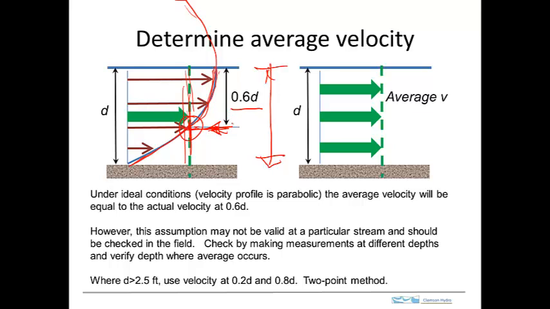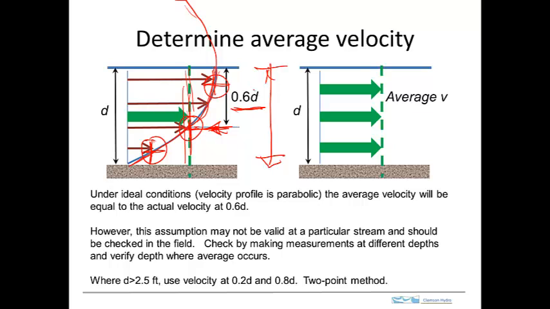assuming everything's behaving themselves. There are a variety of other ways of doing this where you make additional velocity measurements. Some involve making a measurement at 80% and 20% depth and using those data. I posted a reference that talks about stream gauging in some detail, and it describes these other more detailed methods. But we're just going to use the 6/10 measurement for now.